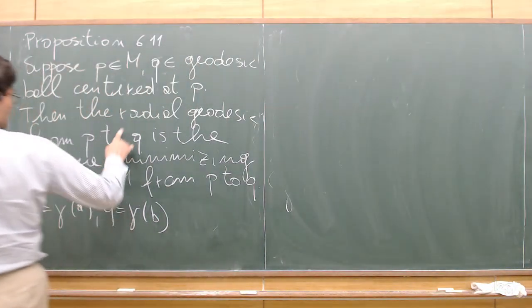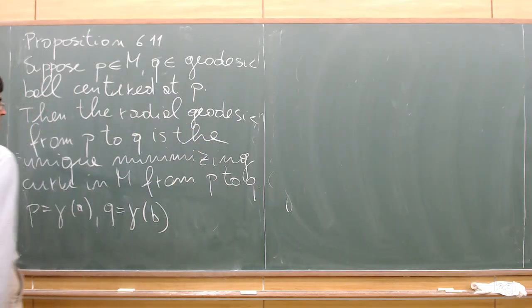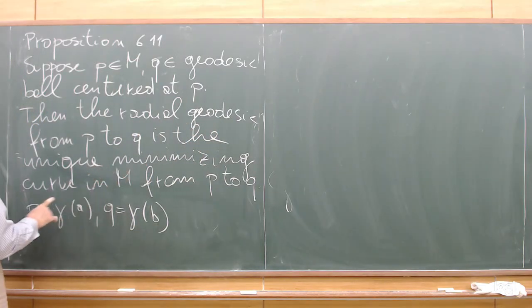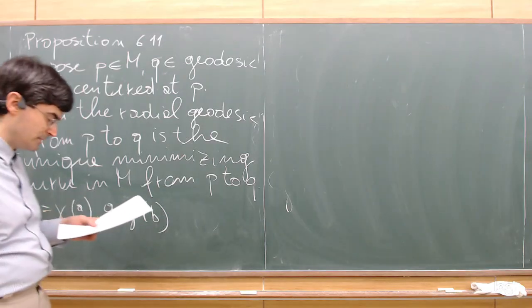We get that the radial geodesic from gamma A to gamma B is the unique minimizing curve from gamma A to gamma B.